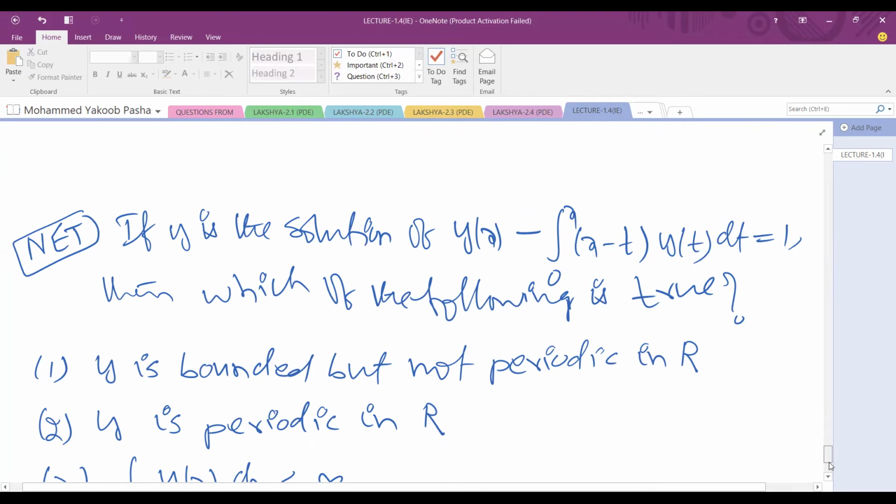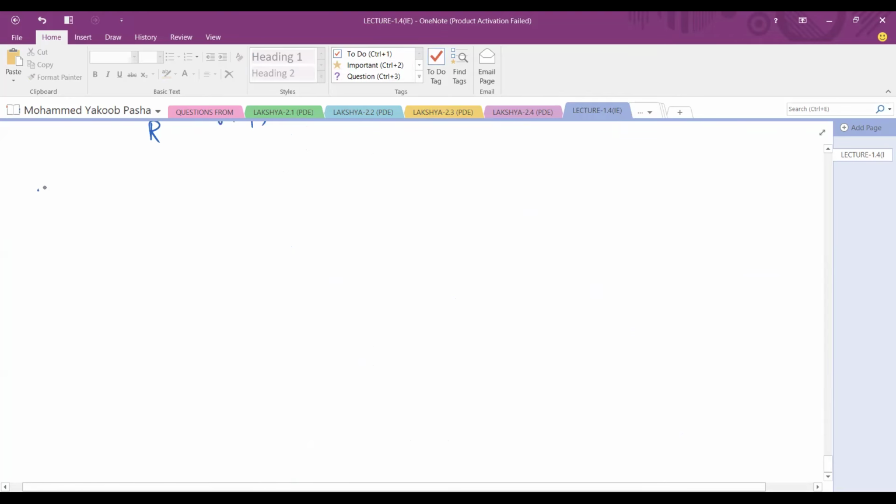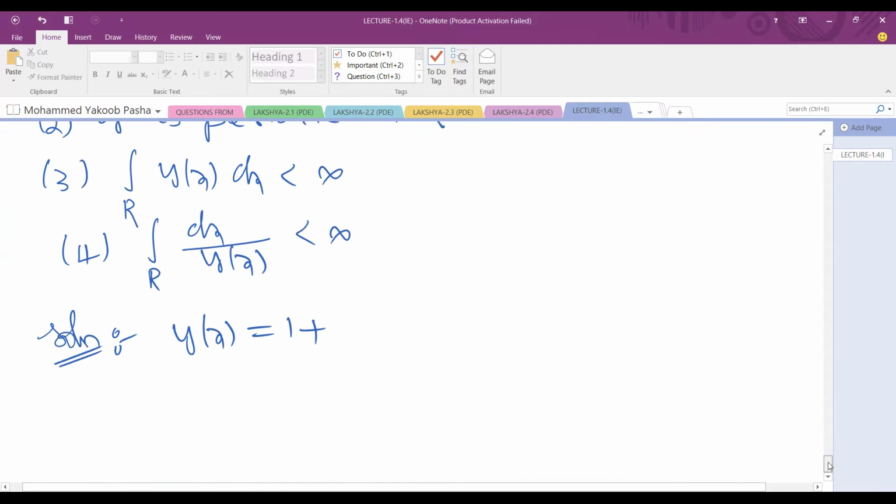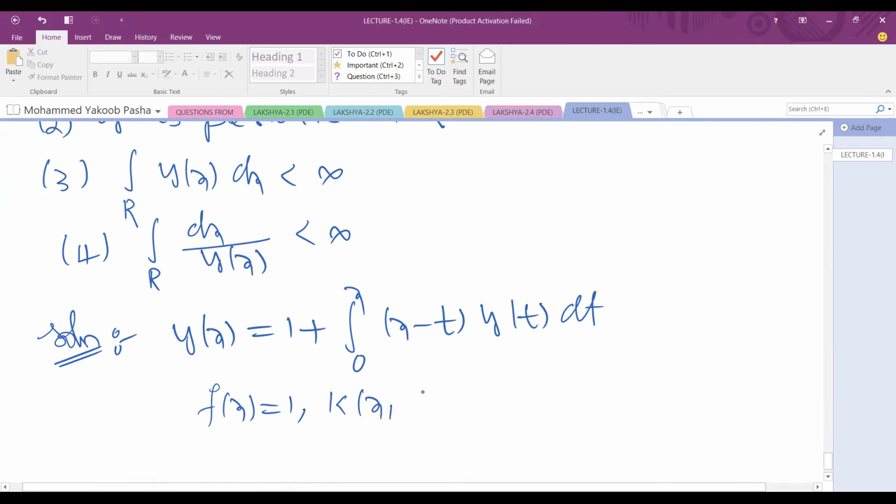So we can write the integral equation as y of x is equal to 1 plus integral 0 to x of (x minus t) into y of t dt. Now write the f of x value: f of x is 1, and k of x comma t is x minus t.